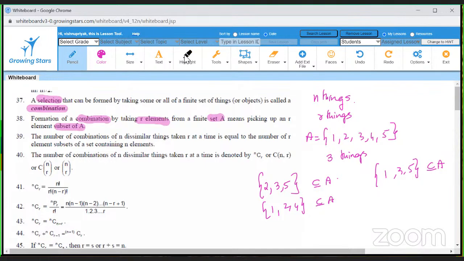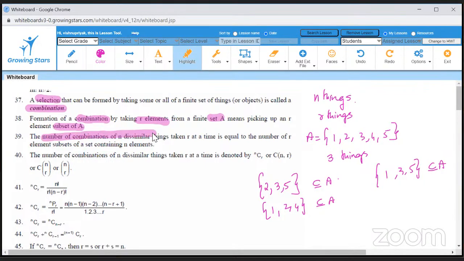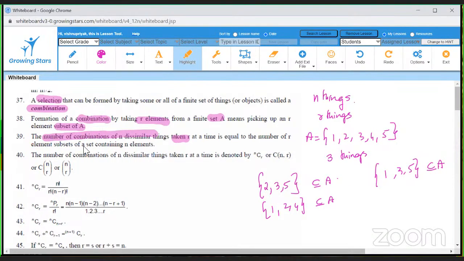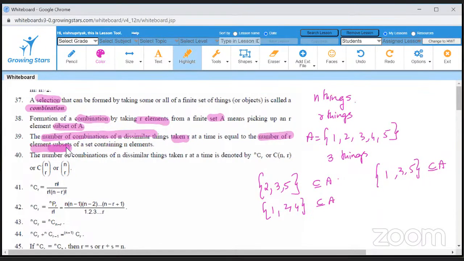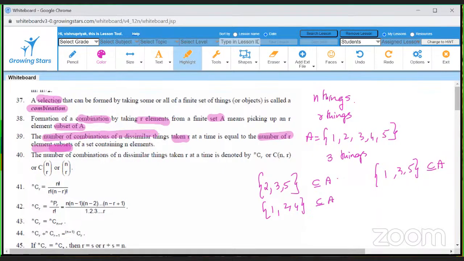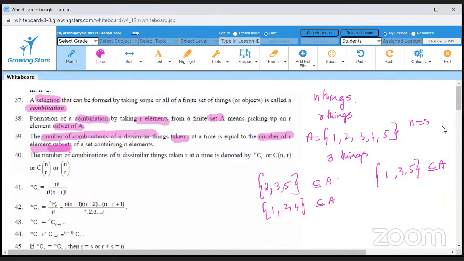Now point 39: the number of combinations of n things taking R at a time is the number of R element subsets of a set containing n elements. What is the meaning of this? Suppose there are 5 things total.